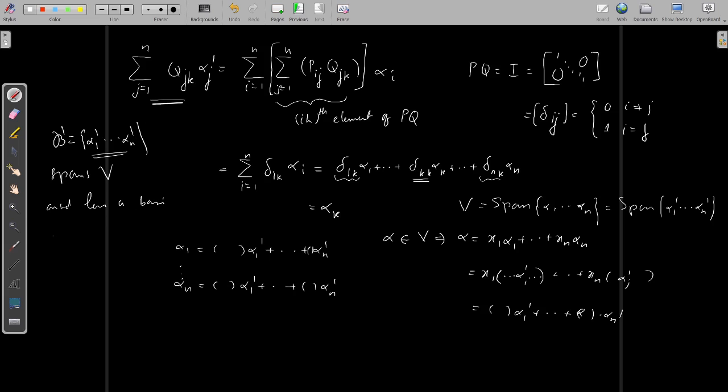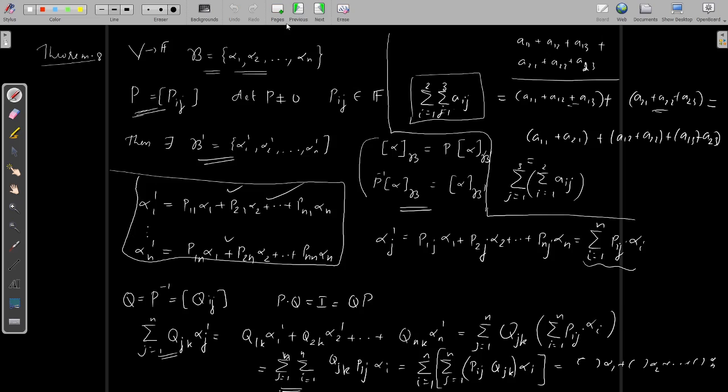So now we have that B and B prime are bases of V, and hence the previous work shows that these relations hold. The coordinates relative to B are the same as P times the coordinates relative to B prime.